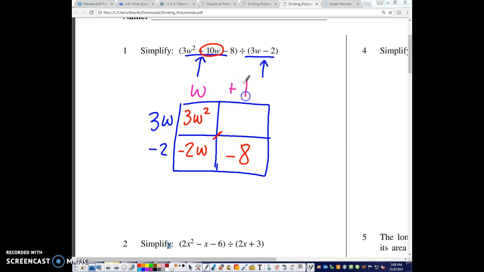A +4, right? +4 times -2 gives you -8. Okay? So now we look at 3w times 4 gives you 12w. So double check and make sure it works. 12 minus 2 is 10. It does work. So your answer here is this w plus 4.